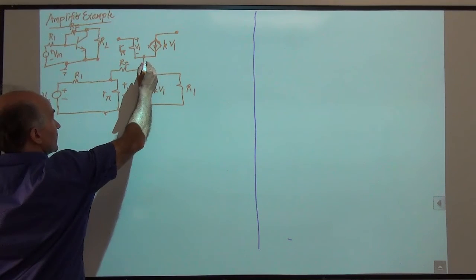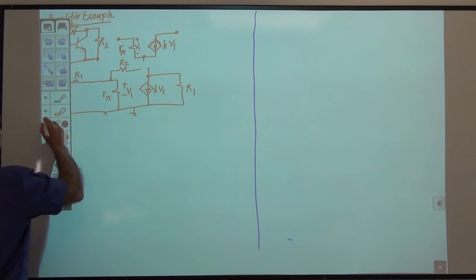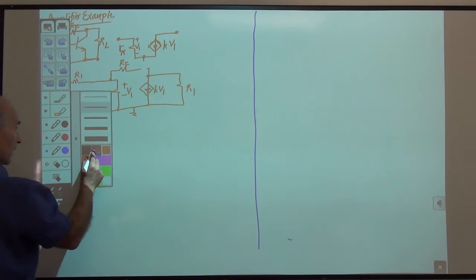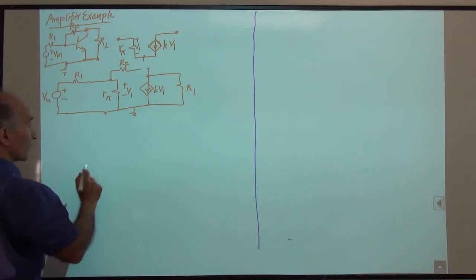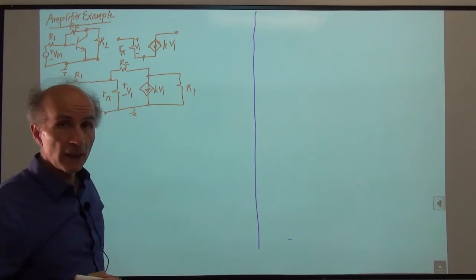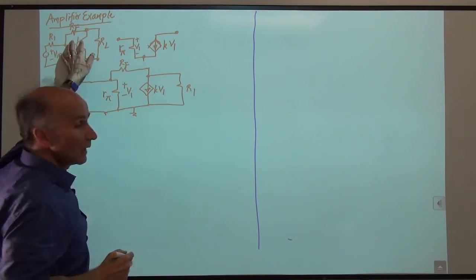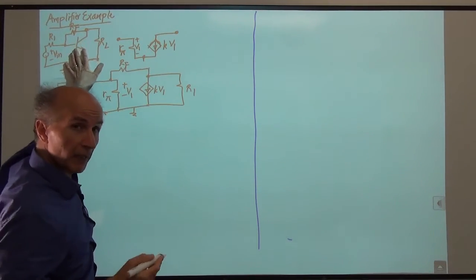So it looks a little complicated, but don't worry. With what we have learned so far, we should be able to solve the circuit, especially if we use Thevenin or Norton. Okay? Now, if these terminals are confusing the correspondence between these and these, we can actually give them names, and we have names.